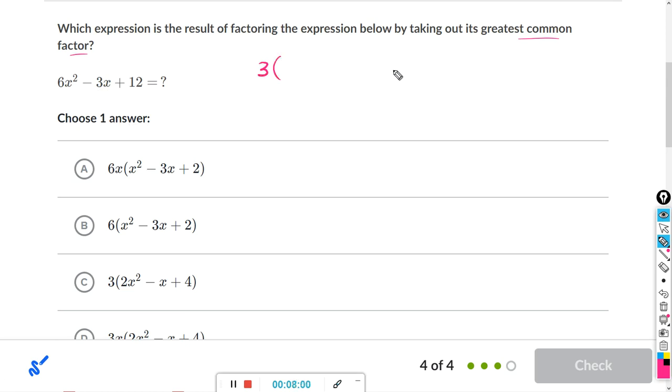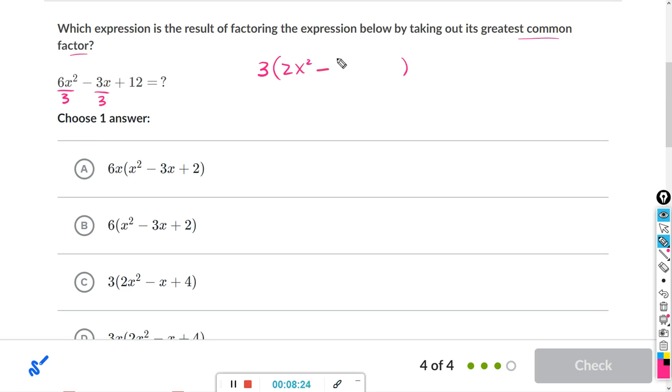All right, so I'm going to factor out a 3. 6x squared divided by 3. I know 6 divided by 3 is just 2, and we still have the x squared. Negative 3x divided by 3. Well, negative 3 over 3 is just negative 1, and we still have the x.